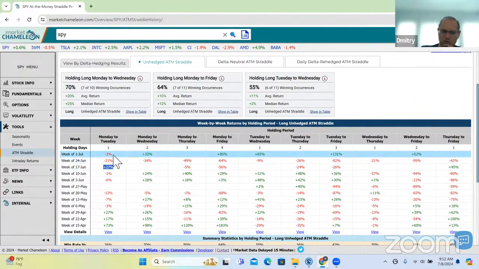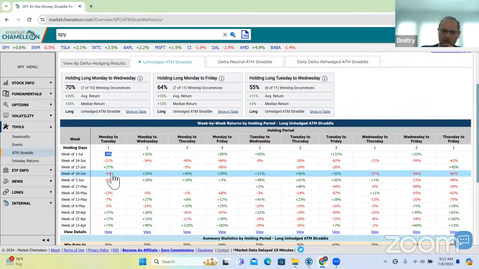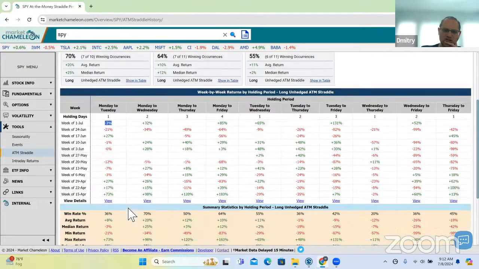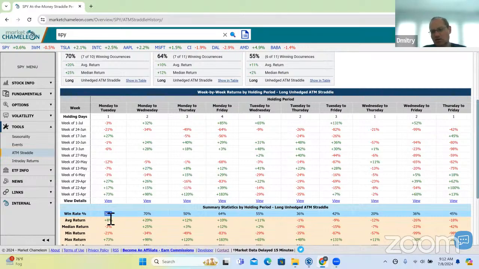So now we could just take a look at the last, I think we're doing it, like 13, going back 13 weeks, just to see what percentage of the time the straddles gained, right? And then of course, if they gain 36% of the time, then 64% of the time the straddle lost value.